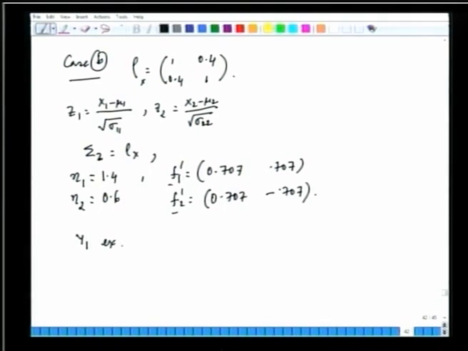What is y1 and y2, that is trivial, we need not write, but let us write here also. y1 is, if you want to write in terms of z1 and z2, ideally 0.707 z1 plus 0.707 z2. These are to be replaced by x1 and x2, and y2 is 0.707 z1 minus 0.707 z2.